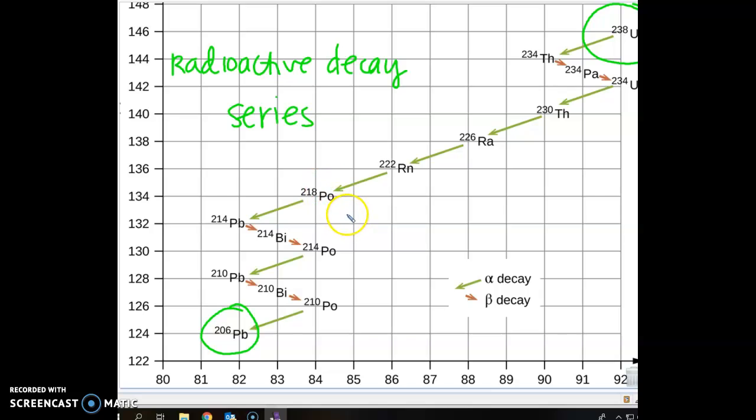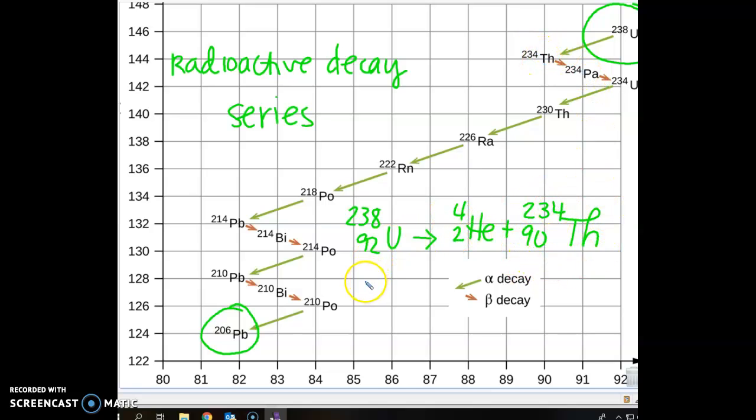So I'm going to write an equation showing that. That looks like this. So I have my starting element, I decay into an alpha particle, and then thorium-234.